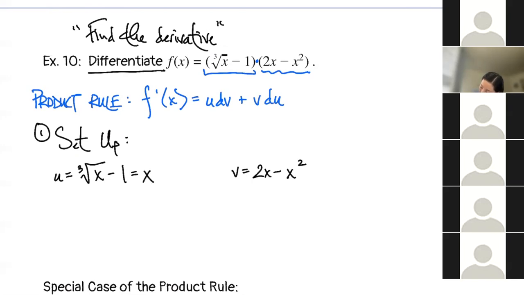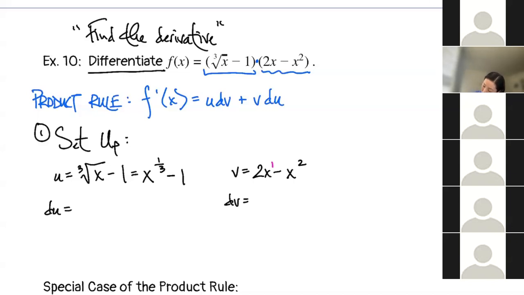We get x to the power of what? What is our power here? 1/3. 1/3, good. 1/3 and then a minus 1. All right, and I don't think that we need to rewrite anything for v, except we might want to put a friendly reminder to ourselves here that there's actually a power of 1 next to that x in 2x minus x squared. Okay. Now let's find our du and our dv.